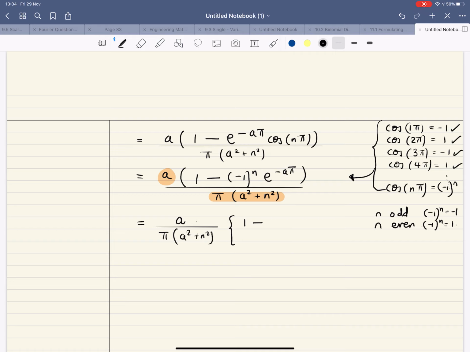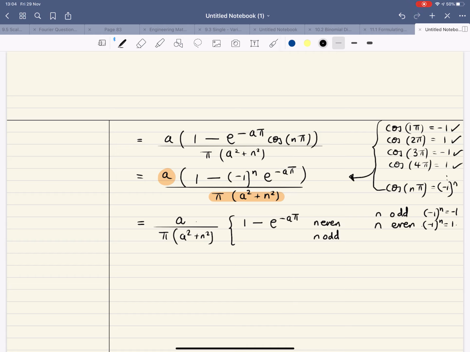So if n is even, minus 1 to the n is plus 1, so it's 1 minus 1 times e to the minus a pi, minus e to the minus a pi if n's even.